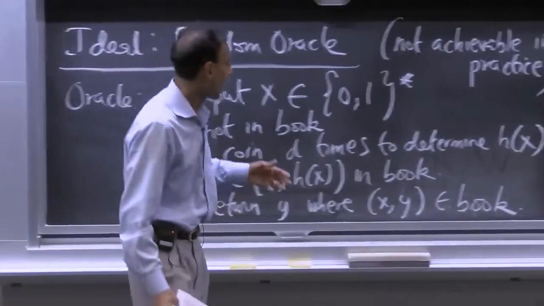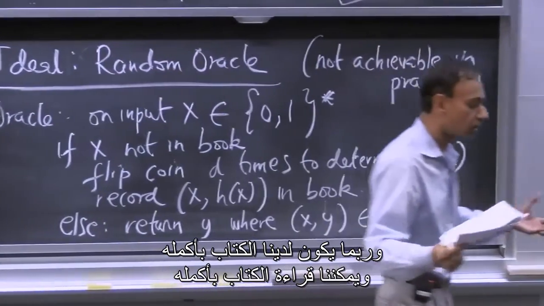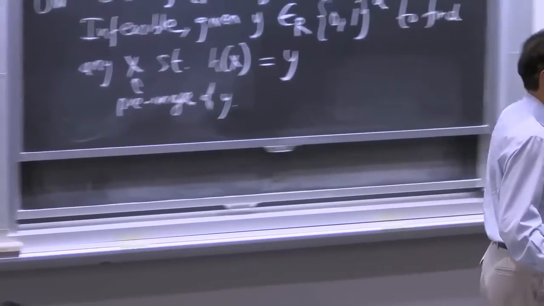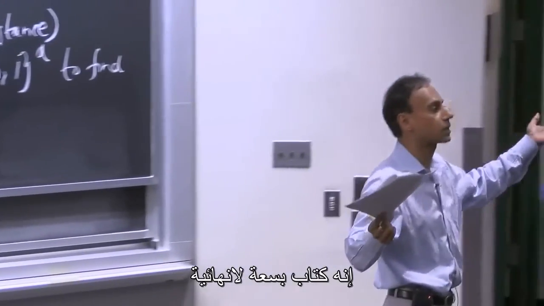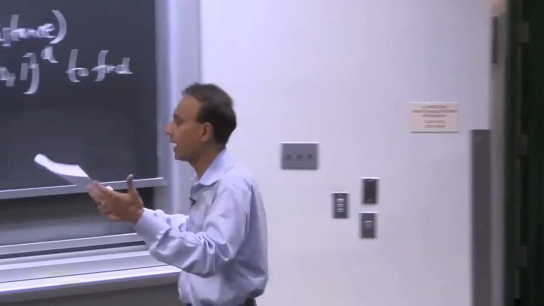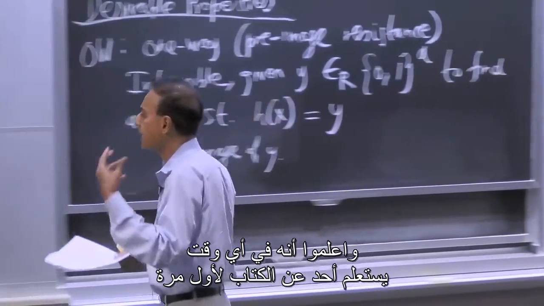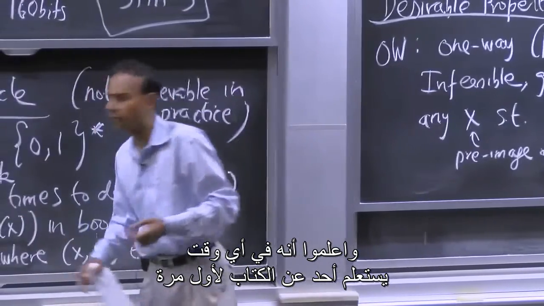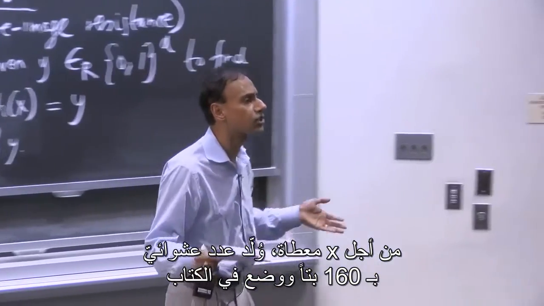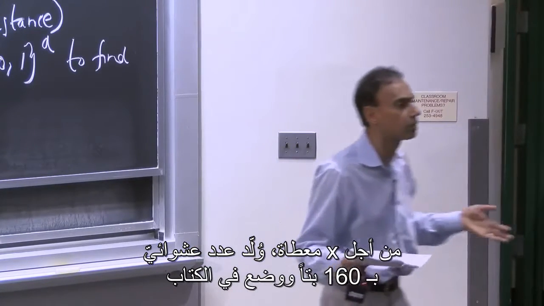Now, if you go look at our random oracle, you realize that if you had a 160-bit string, and perhaps you have the entire book and you could read the entire book. It's an infinite capacity book. And you know that anytime anyone queried the book the first time for a given x, a random 160-bit number was generated and put into the book, right?